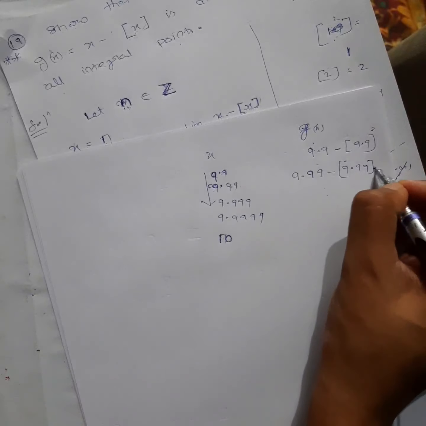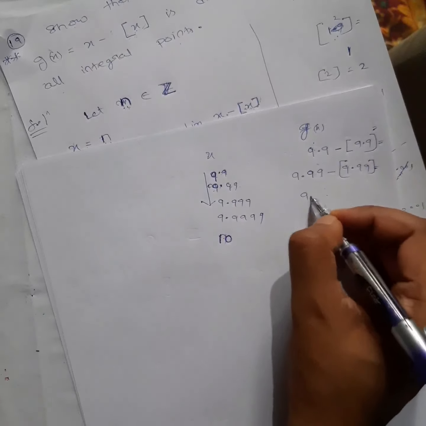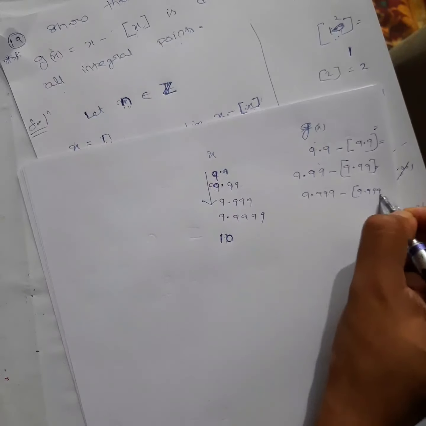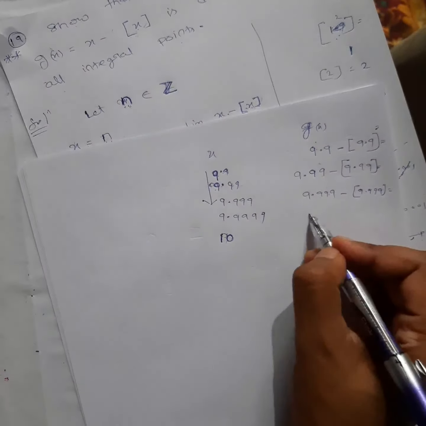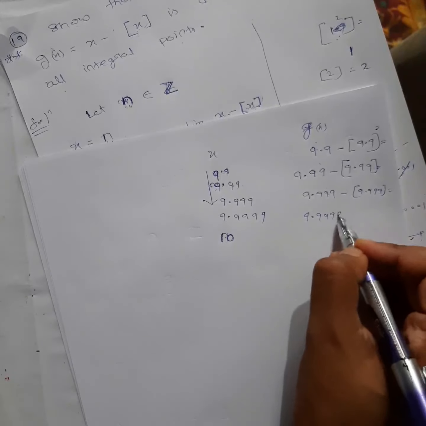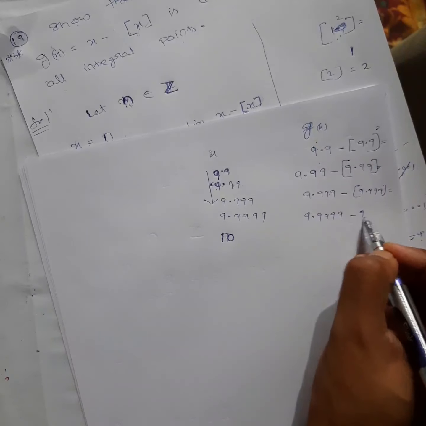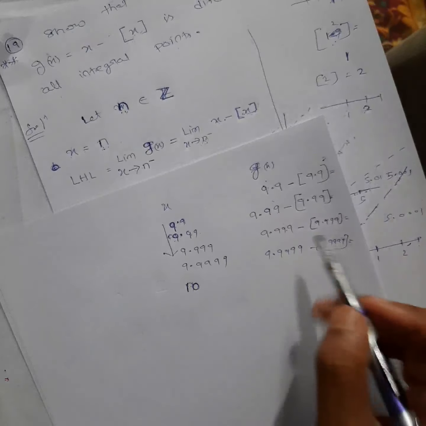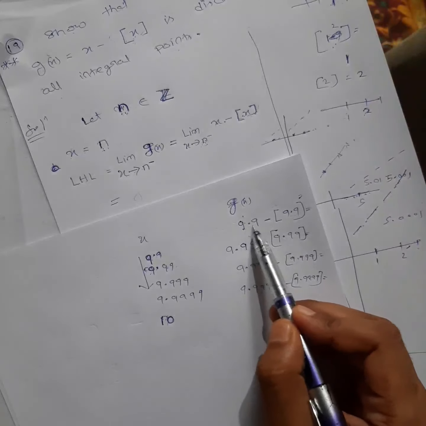Find out this. Then 9.999 minus [9.999]. Find out this also.